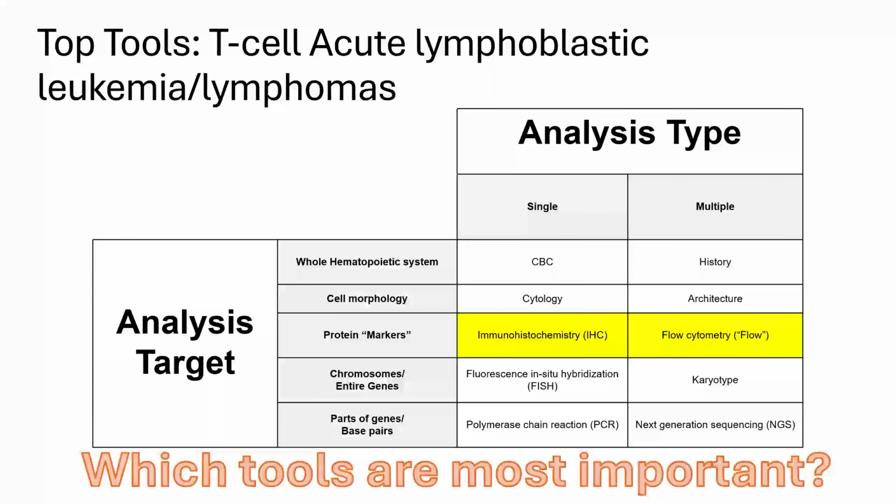So for T-ALL, the top tool to use would be immunohistochemistry or flow cytometry. T-ALL often presents as a mass, and in those situations, you would use immunohistochemistry. If it presents in the peripheral blood, then flow cytometry will be the tool to use.